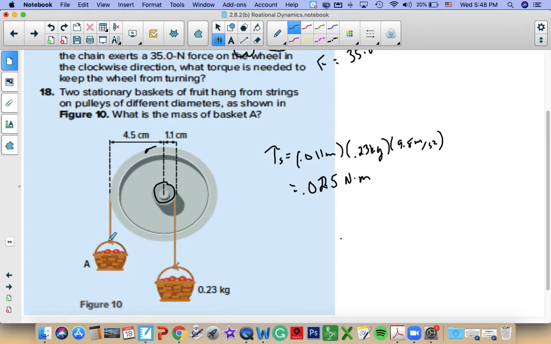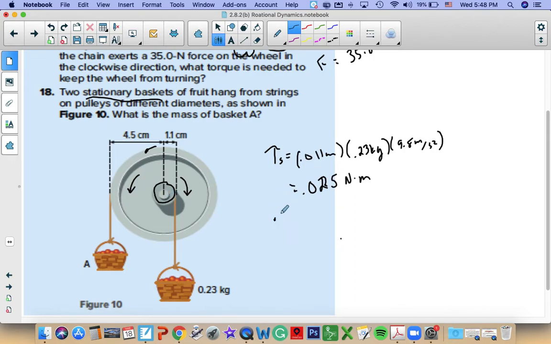And then we need to figure out that mass. So to do that, we have to kind of think about how this works. So the key thing here, it says they're stationary baskets. So that means this torque from this basket is going to balance out with that torque. It's not rotating. Nothing's rotating. So I have to find the little torque, set it equal to the torque of that.